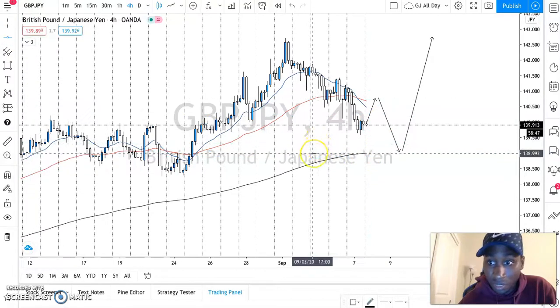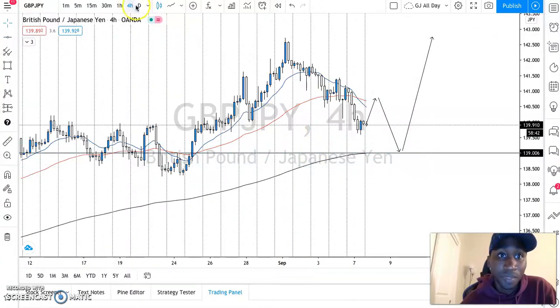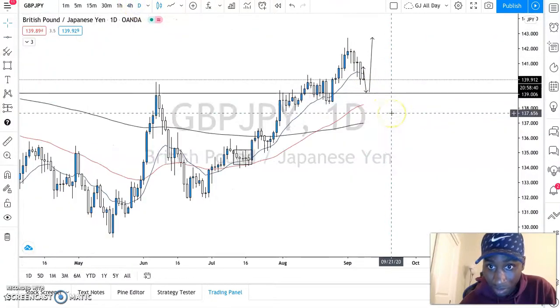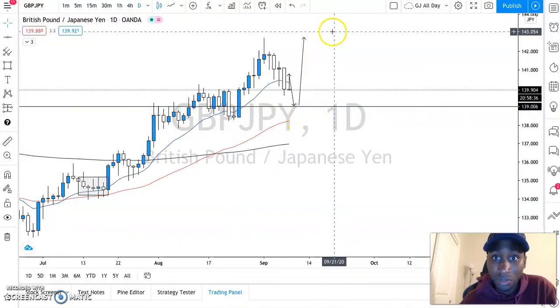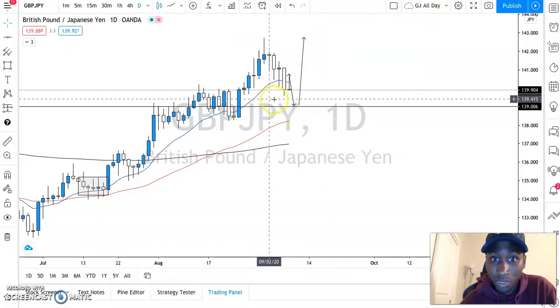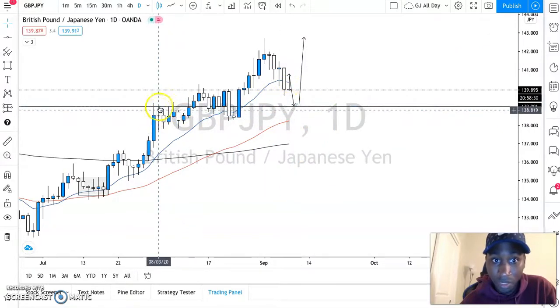If I just highlight this, yeah, it's 3.9. So if I go to the daily and see what that is, price could come here and still go up, which is what it looks like it will probably do, because this looks like a strong area.